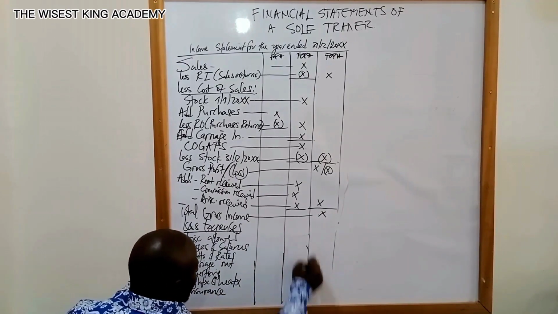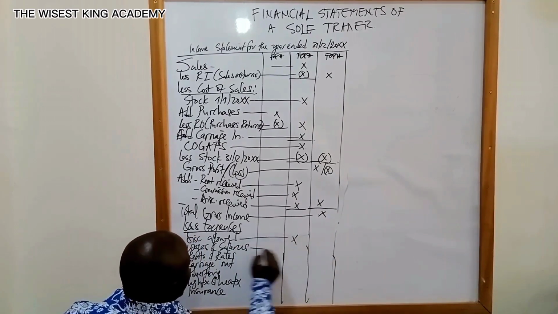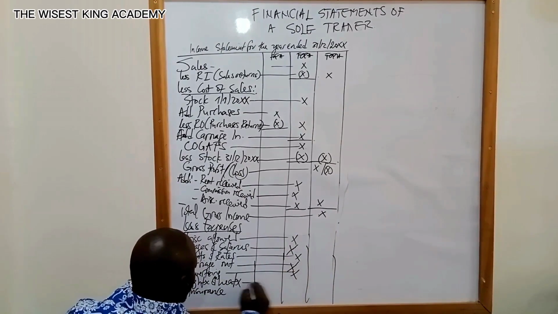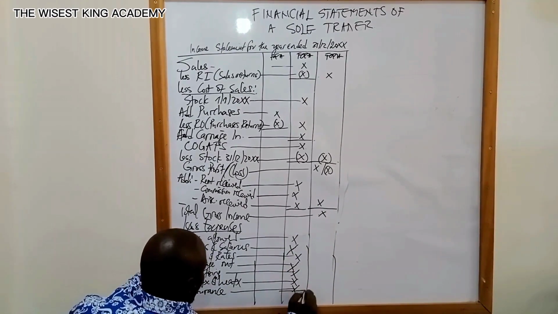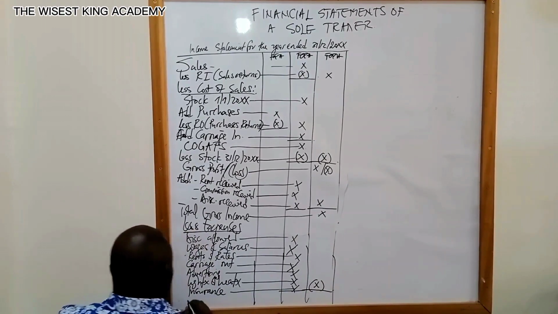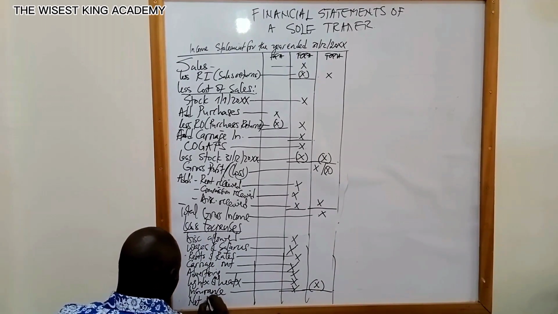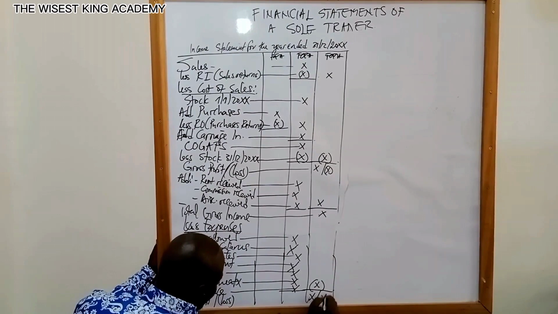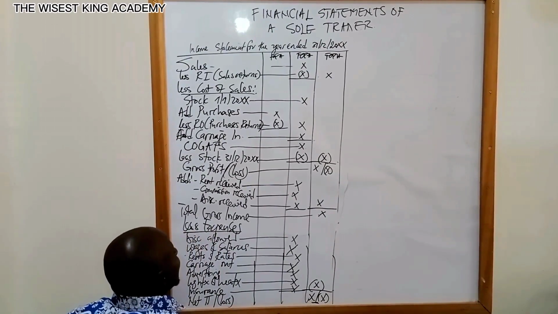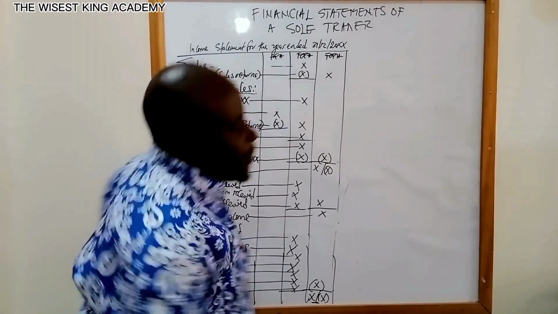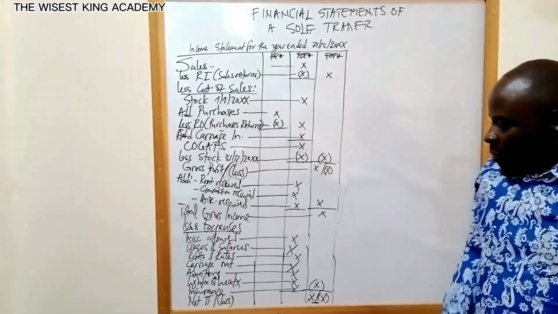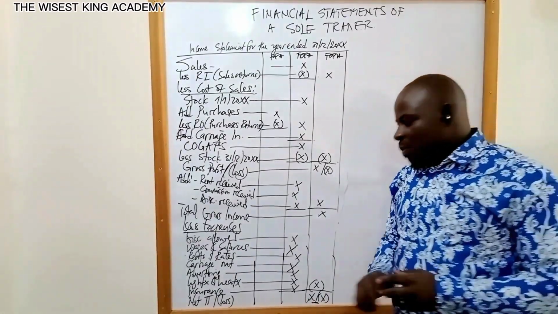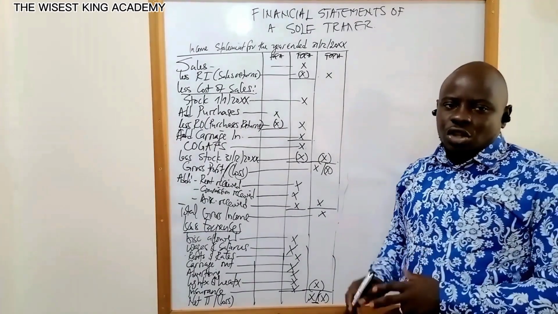Those are other examples of expenses. So take this in the middle column. When we add, we get the total, which when we subtract from our gross profit, we are going to have a net profit or a net loss. So that is the format of an income statement. Remember, this net profit is added to capital in the statement of financial position. If we have a net loss, it is subtracted.